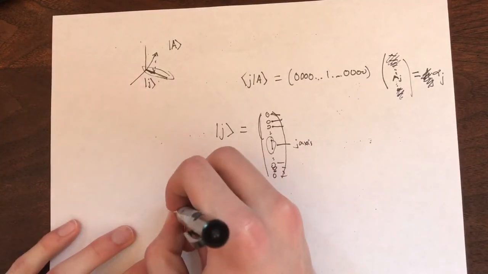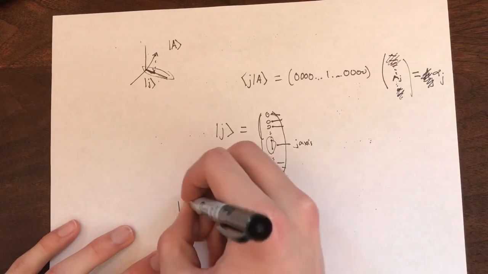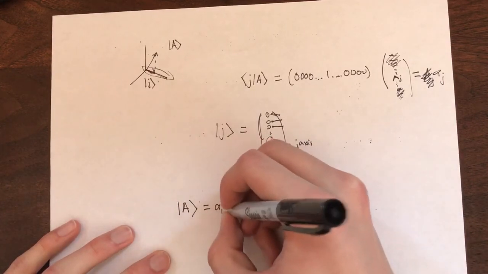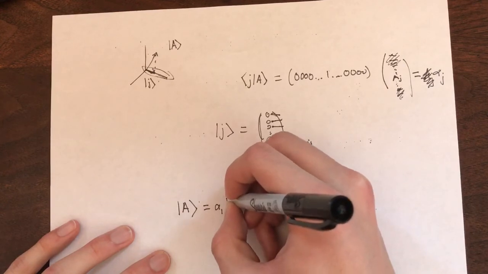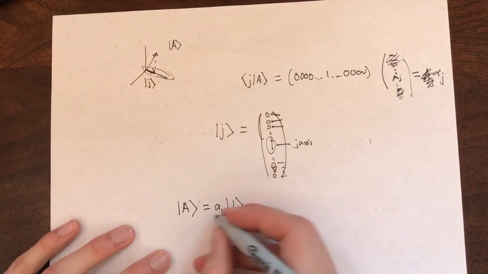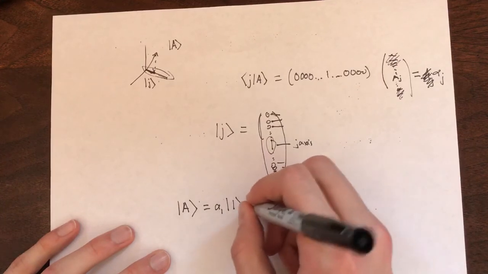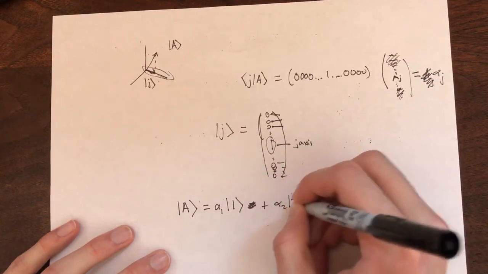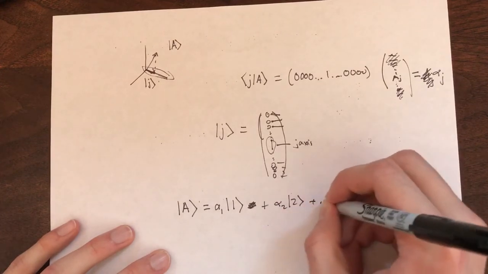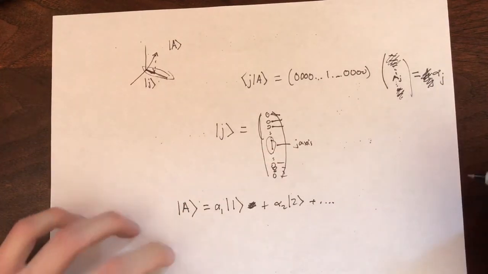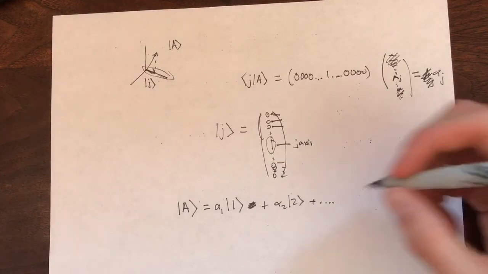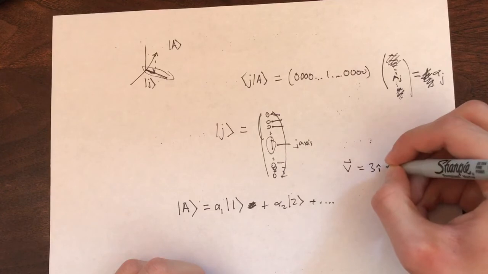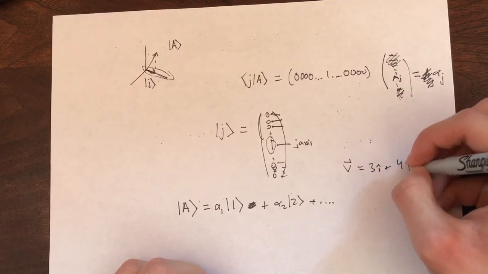A is alpha 1 basis vector 1, just for the first axis that we were talking about, plus alpha 2 basis vector 2, the second axis. Keep going, and you get the final vector A. Just like we said that real vector is 3i plus 4j.